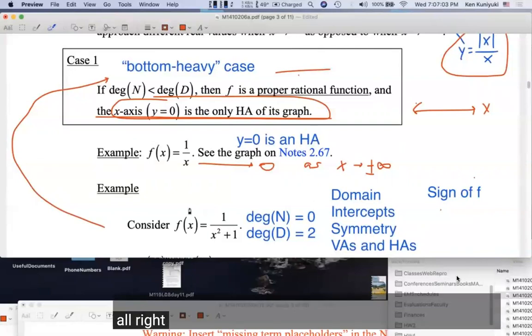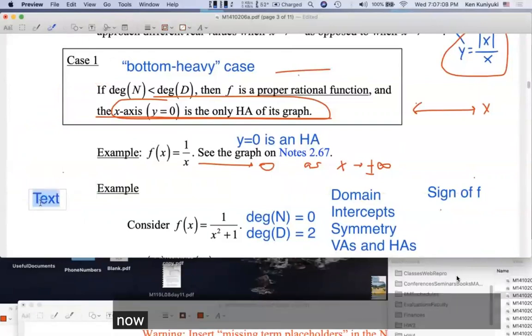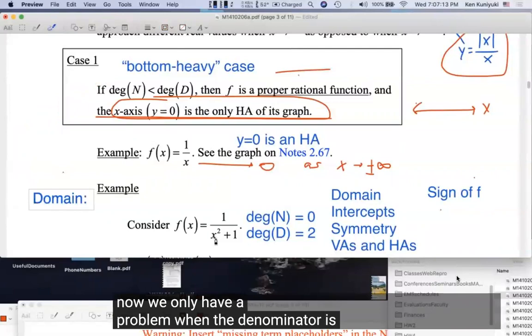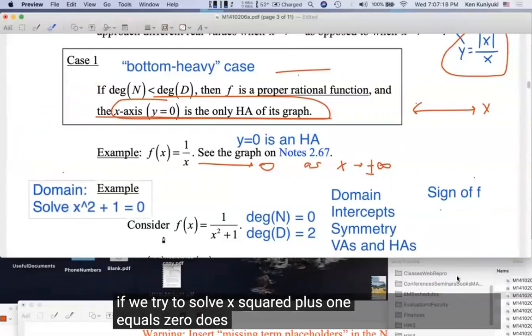All right. So let's start with the issue of domain. Now, we only have a problem when the denominator is 0. But wait a minute. If we try to solve x squared plus 1 equals 0, does that have any real solutions?